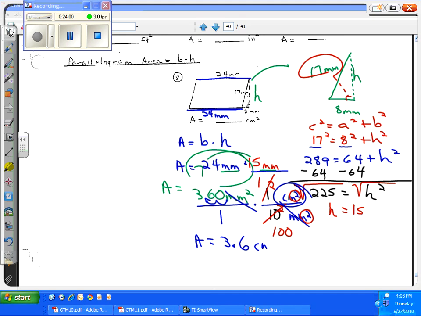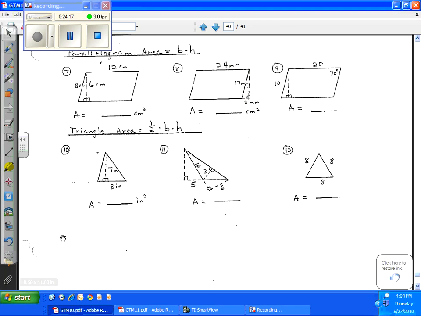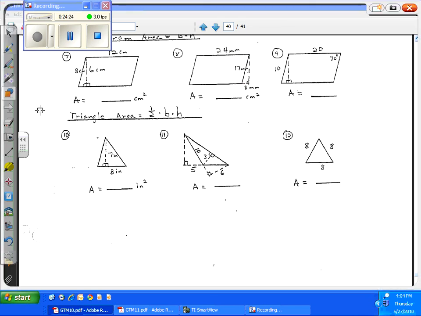We're losing the name square milli, and we're gaining the name square centi. Any questions on number 8? Okay. Number 9.